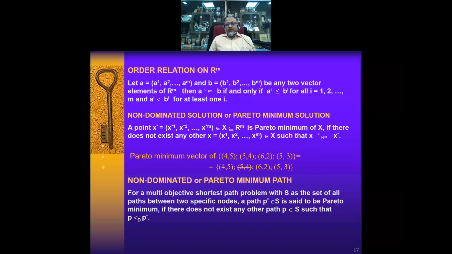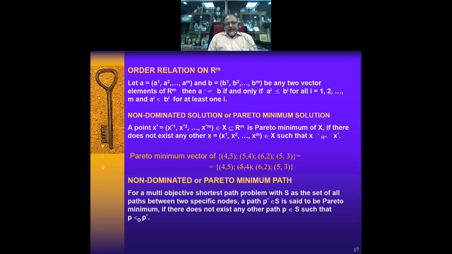That is why it is called a Pareto minimum. You can say it is a non-dominated solution of the set of vectors capital X if there does not exist any other x, x1, x2, etc., xm belonging to X such that x is less than x star in the order relation. That is, if we are not able to find an x such that x is less than x star, then x star is said to be a Pareto minimum.